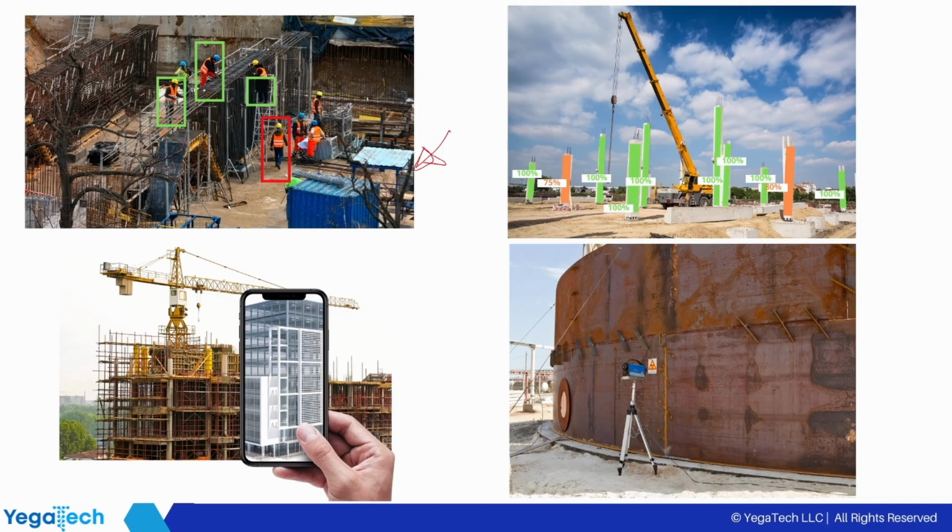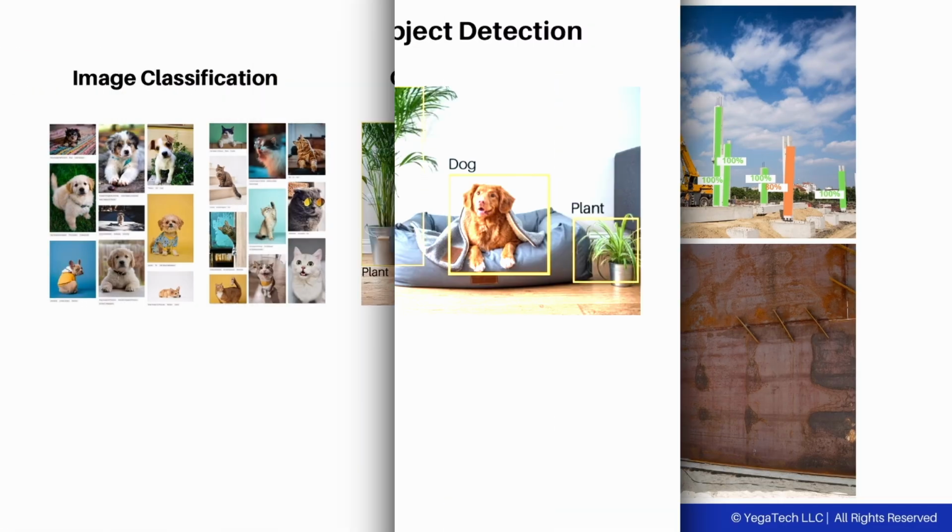You can use it for monitoring equipment and workers. You can use it for measuring the progress on site, or even to extract information from the designs you have done in past projects. In addition to all of these, you can use it to create a 3D model and as-built from the photos or scans taken from the site.